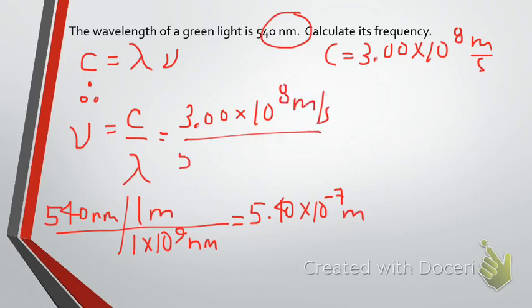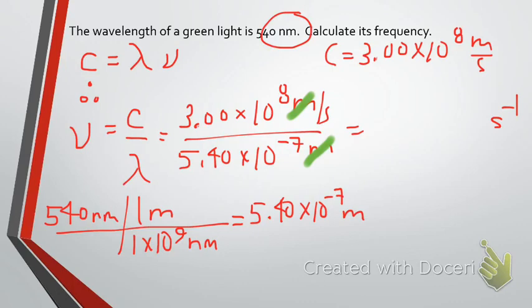We divide that by 5.40 times 10 to the power minus 7 meters. Please note, let's see if this makes sense. Meters cancel and meters cancel, so the only unit that we're left with is inverse seconds, which is true. That's the unit, inverse seconds, or also known as a hertz.